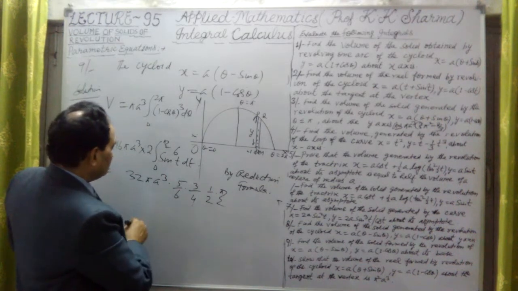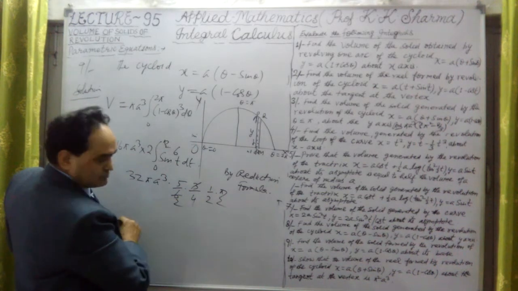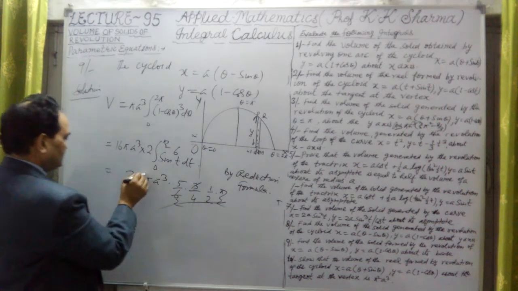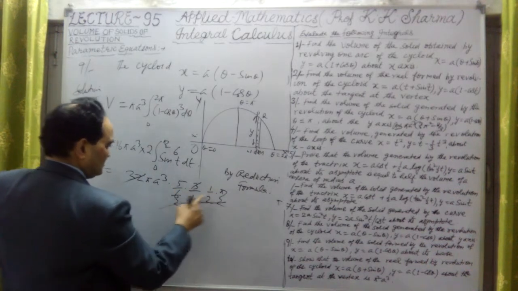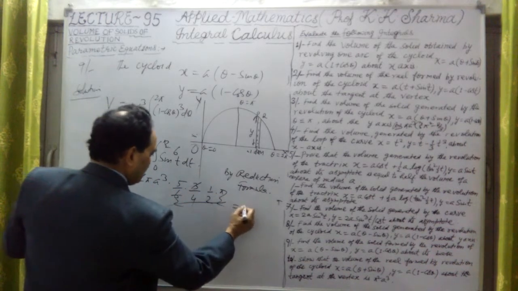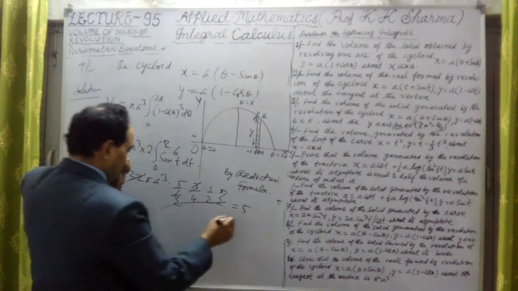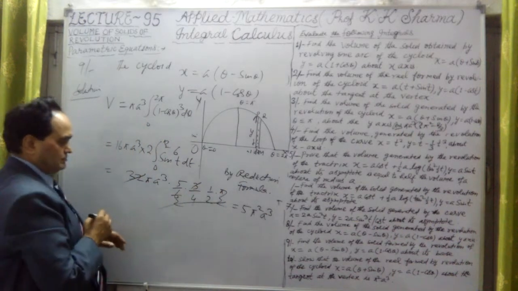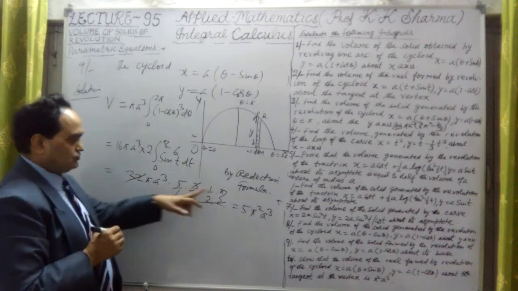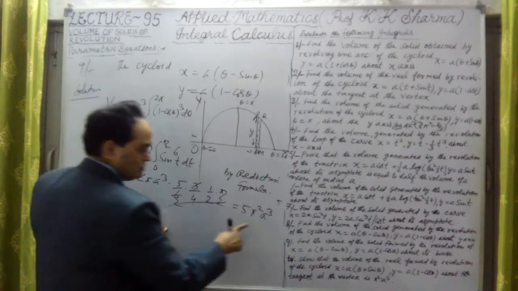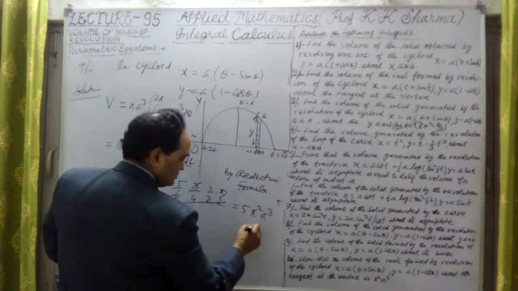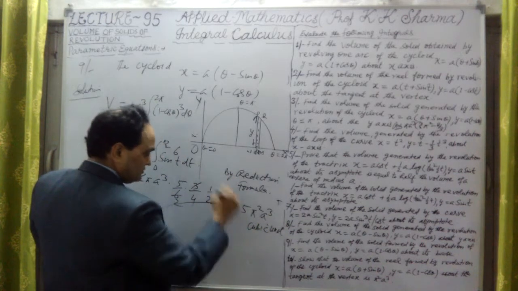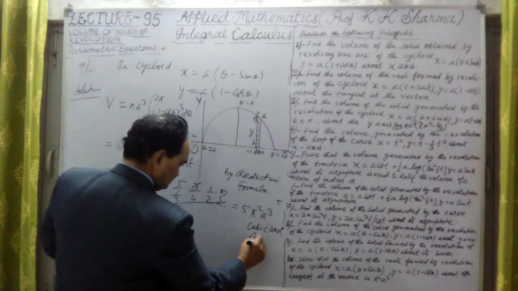Now 2 4 is 8, 8 4 is 32, the 32 cancels out, and this is pi square, so 5 pi square into a cube. This is the answer, cubic units, the volume of this solid generated.